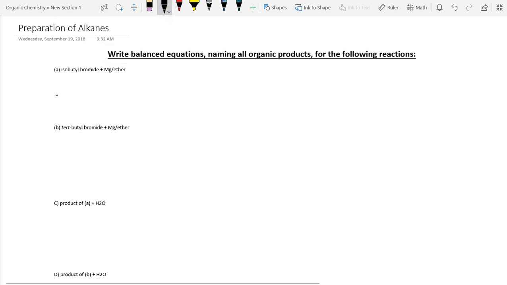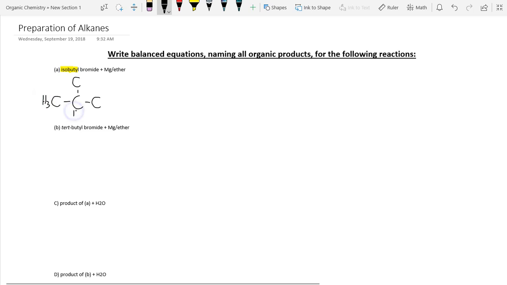First, I'll draw out my isobutyl bromide. Butyl means I have 4 carbons, and iso is the geometry of it. Iso means there's a carbon connected to the middle one.